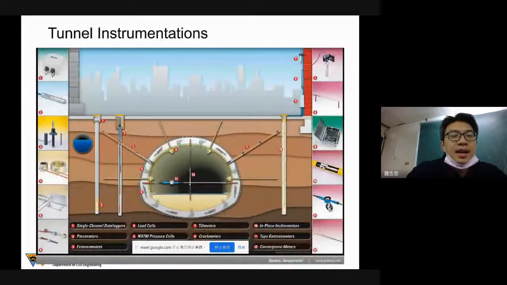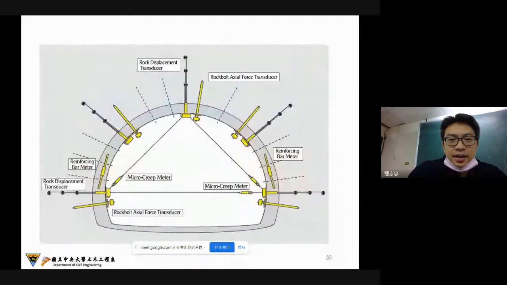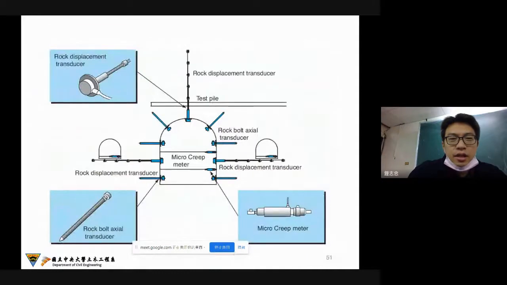So in the last class, we extended to tunnel instrumentation. We already showed that if you try to monitor the shape of the tunnel, you may need some rock displacement transducers.